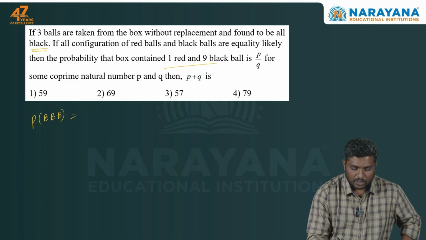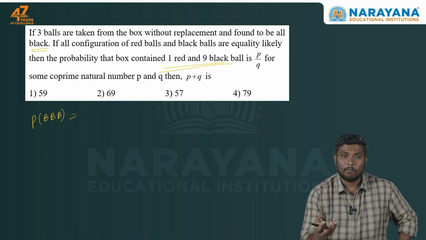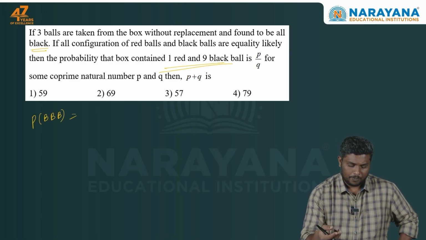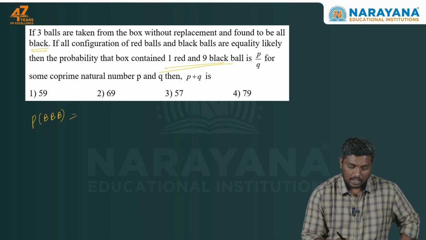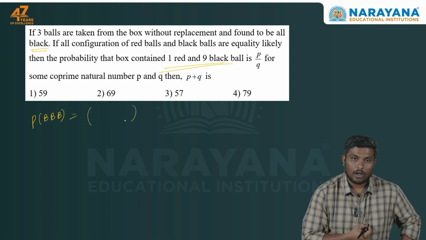So guys, from this one can identify, I think the question should also have mentioned that 10 balls are there in the bag. Okay, so 1 red 9 black means there are 10 balls in the bag. Now tell me, if you select 3 balls, what are the possibilities of getting all 3 of them black in different cases?